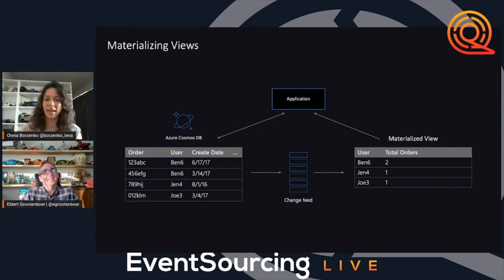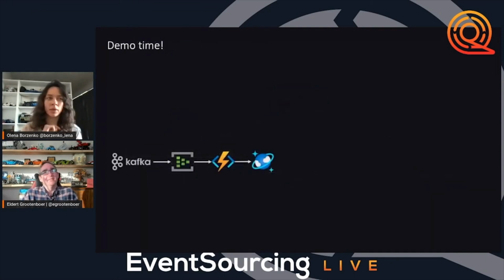You're welcome. So we are going to the demo part now. We already saw how we can write all these events to Cosmos DB, and what we will do now, as I already mentioned, is subscribe to a specific container, and every time a change happens, we will react to it with an Azure function, create a materialized view, and write this data back to Cosmos DB.